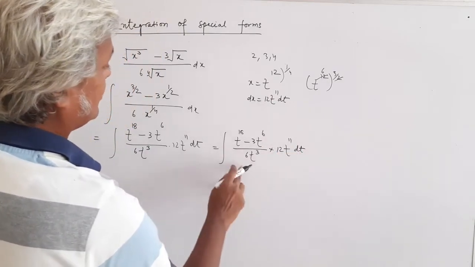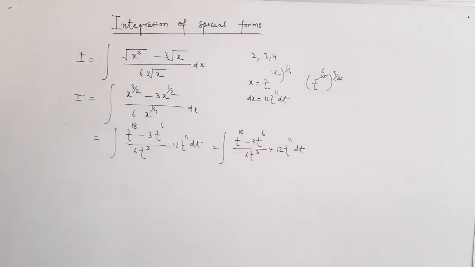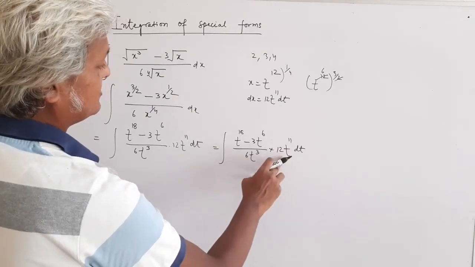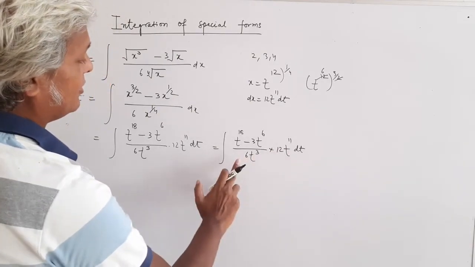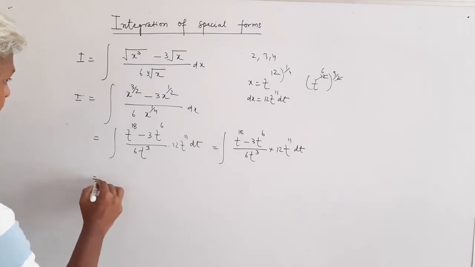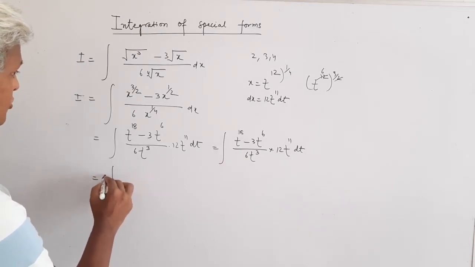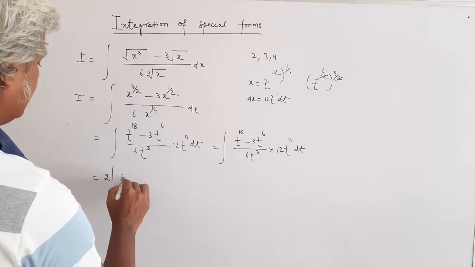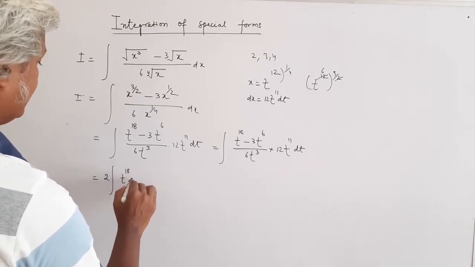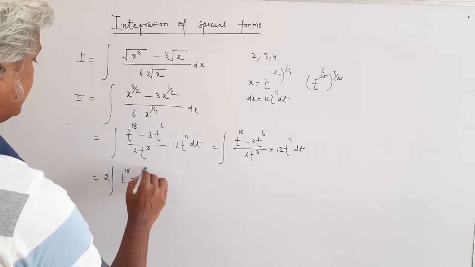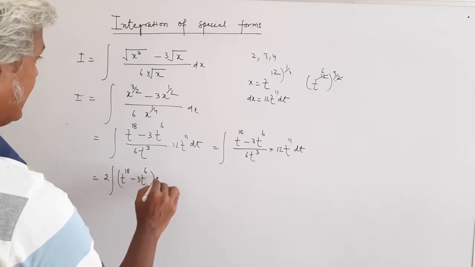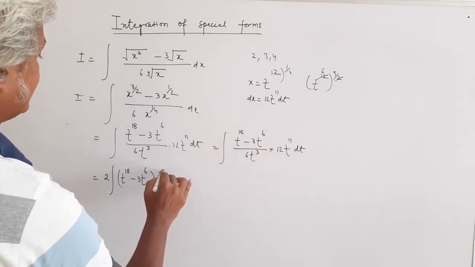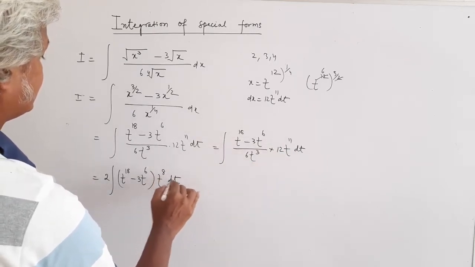So t to the power 11 and t to the power 3, this whole thing will become 6 times 2, so 2 times t to the power 8. So this will become 2, I am writing outside, t to the power 18 minus 3 t to the power 6, and t to the power 11 minus 3 is 8, using the idea of indices.